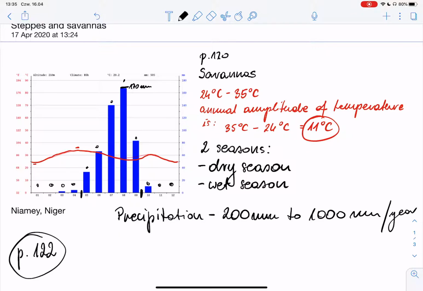Vast areas covered in grasses favor the presence of huge herbivorous mammals, such as antelopes, which is in the middle of the graphics, zebras, elephants, or giraffes. And if we have huge mammals that are herbivorous, then we will of course have huge mammals that are predators.